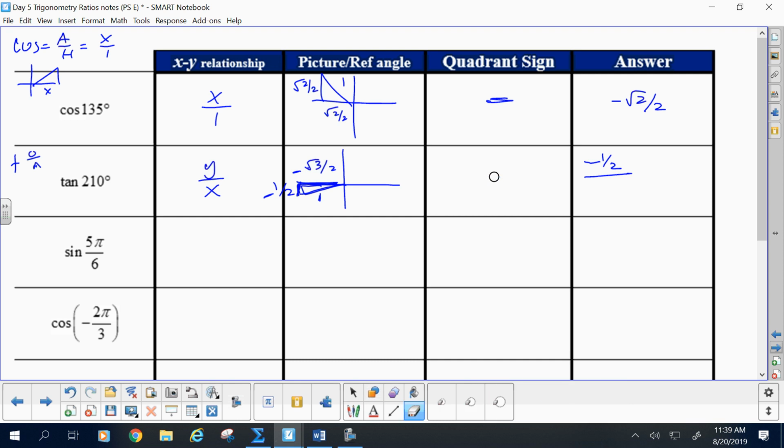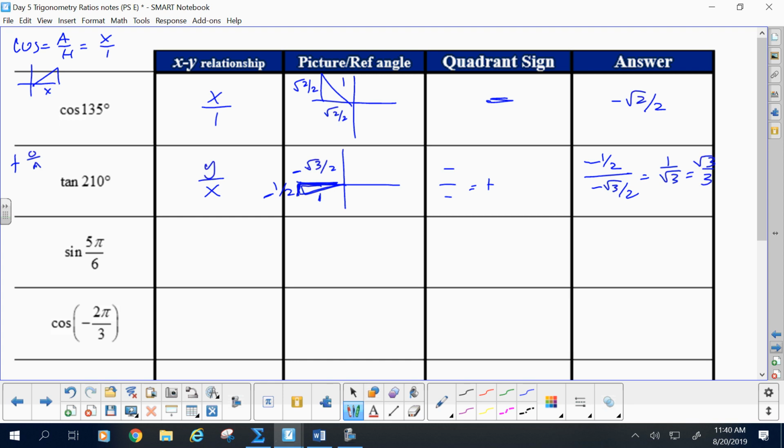Positive. Negative over negative is positive. So I have a negative 1/2 over a negative root 3 over 2. The negatives cancel. The 2's cancel, so I get 1 over root 3. But then we typically rationalize it. Do you remember what the rationalized form of that is? Root 3 over 3. Okay, cool.